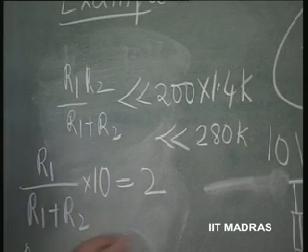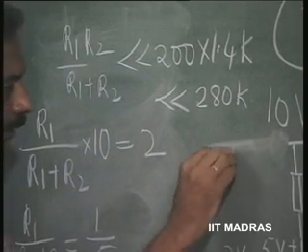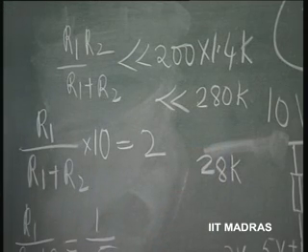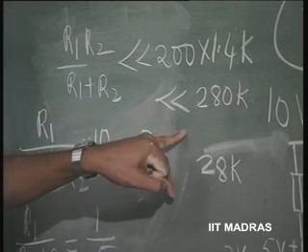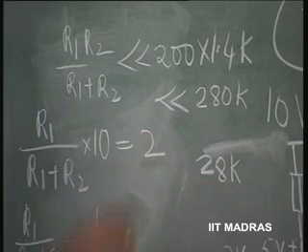So, let us take it as 28 kilo ohm. Anything less than 28 satisfies this relationship. So, let us say any resistance which is less than 28 K.